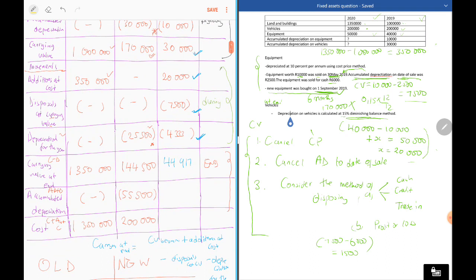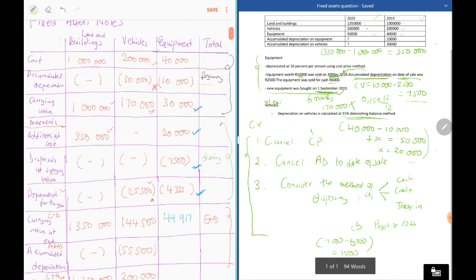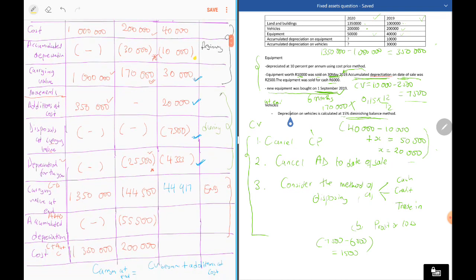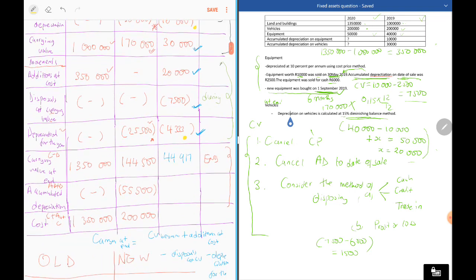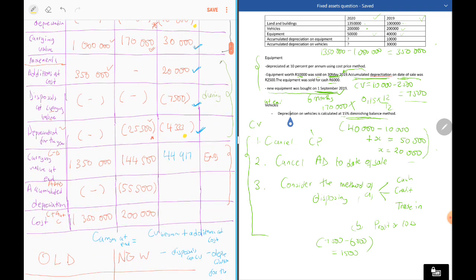So you're going to take this, the accumulated depreciation at the beginning. You also add it to what? You add it to the depreciation for the year, and then you subtract the depreciation of the asset that you sold.